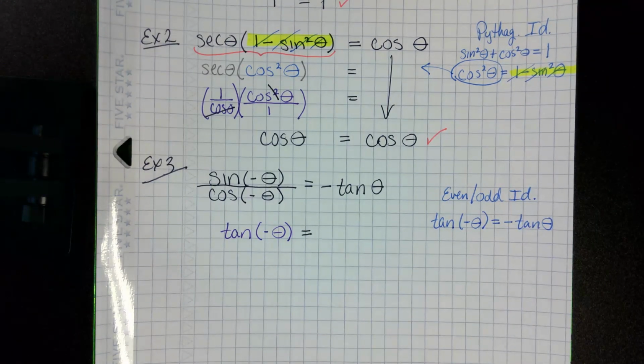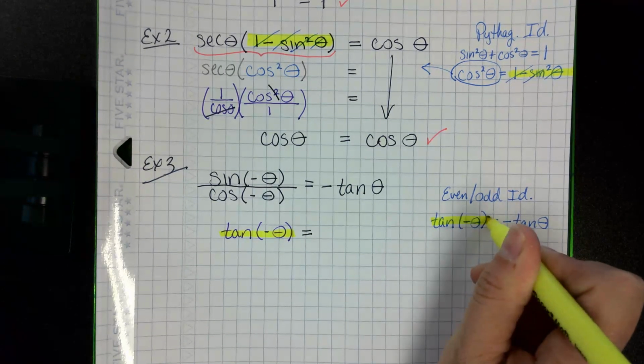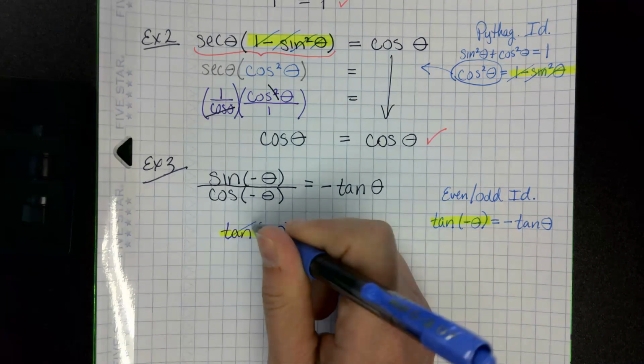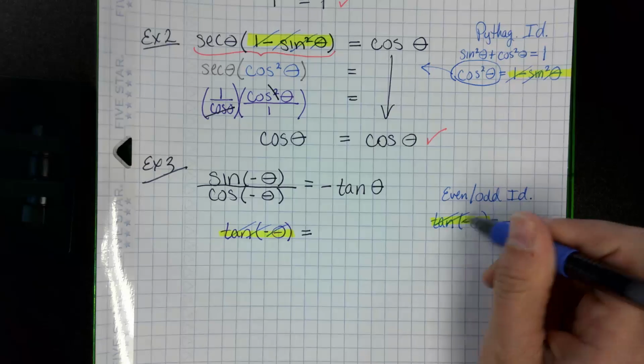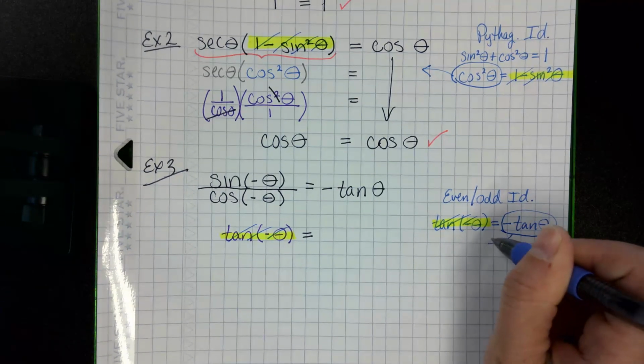And so I look at my problem and match this with the left side of the identity. Tells me I can remove it from my problem and plug in the other side of the identity.